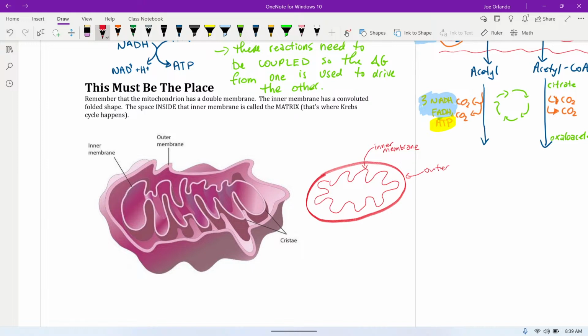The outer membrane. We have the matrix. What's this space here? The intermembrane space.